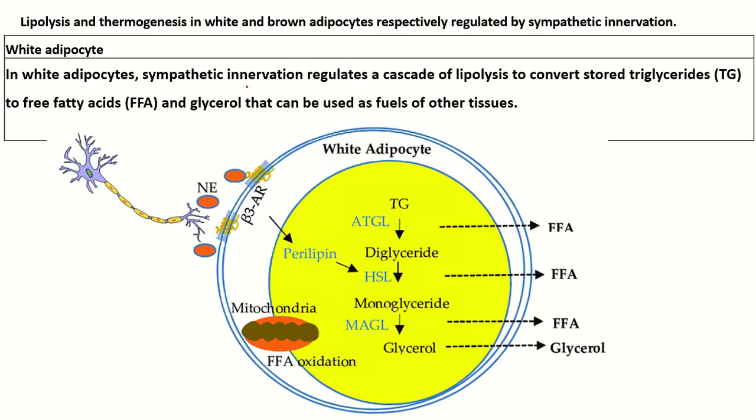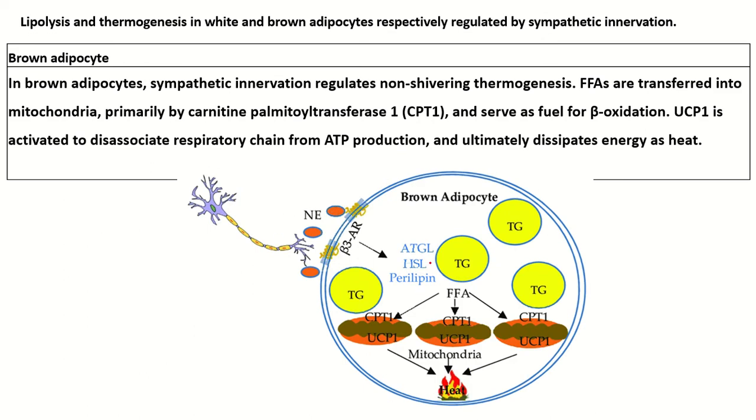In white adipocyte, sympathetic innervation regulates the cascade of lipolysis to convert stored triglyceride into free fatty acid and glycerol that can be used as a fuel by other tissue. In brown adipocyte, the sympathetic innervation regulates non-shivering thermogenesis, and free fatty acids are transferred into the mitochondria primarily by carnitine palmitoyl transferase 1 and serve as a fuel for beta oxidation.